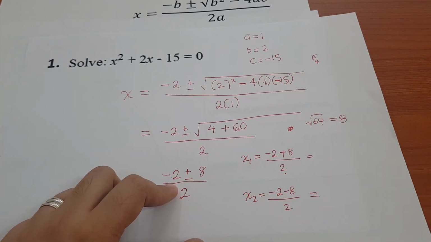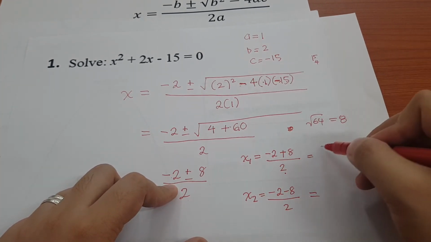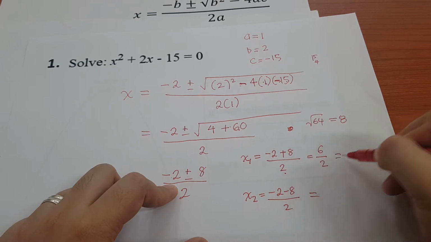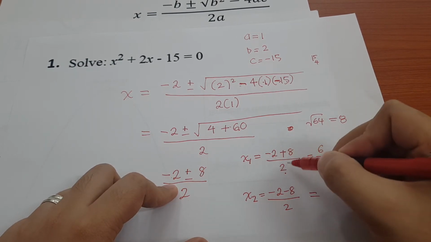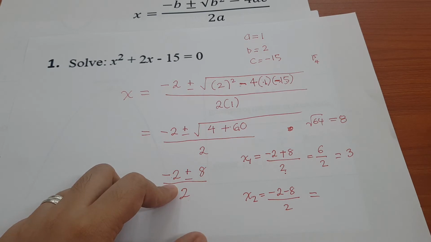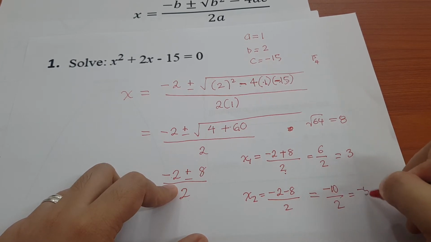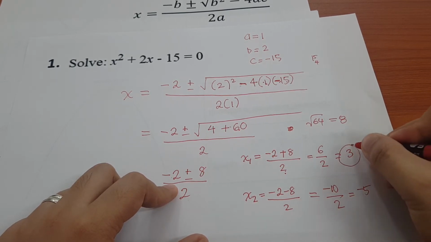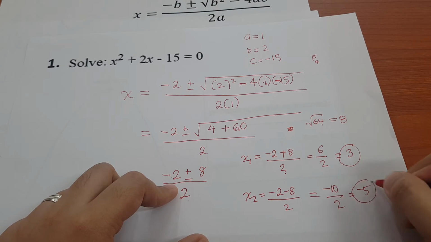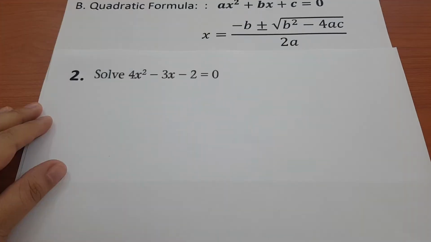Let's start with the first value. Minus 2 plus 8 is 6, divided by 2 is 3. For the second, minus 2 minus 8 is minus 10, divided by 2, which is minus 5. Therefore, this is the first value of x, and this is the second value of x.